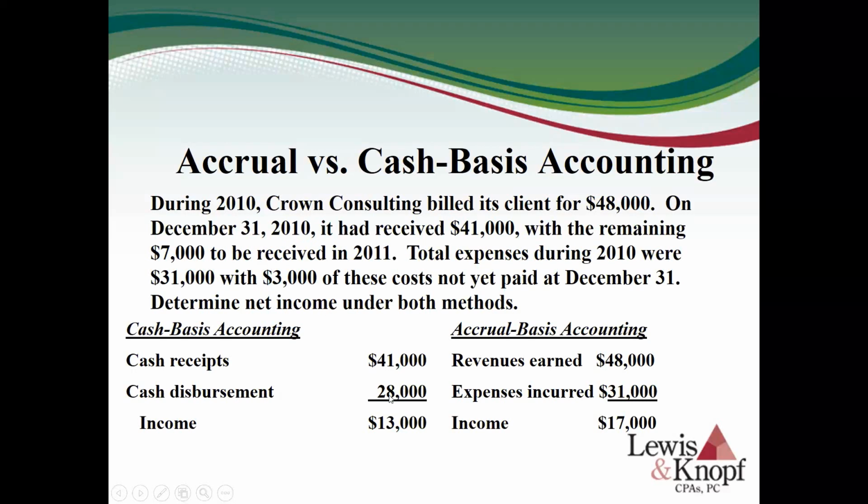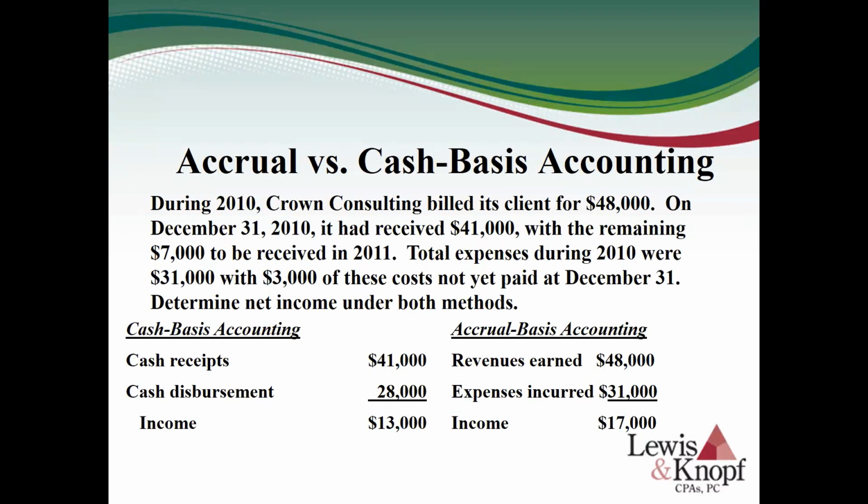So for them, they deduct it from the 31,000. The 31,000 minus the 3,000 gives them 28,000. So when you subtract the 28,000 from the 41,000, they are showing us 13,000.